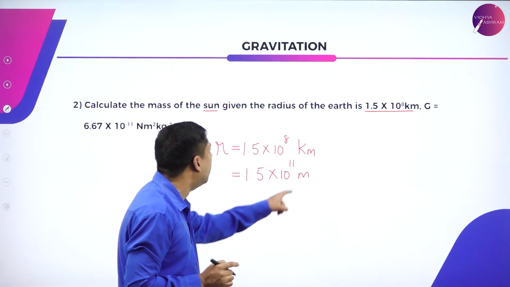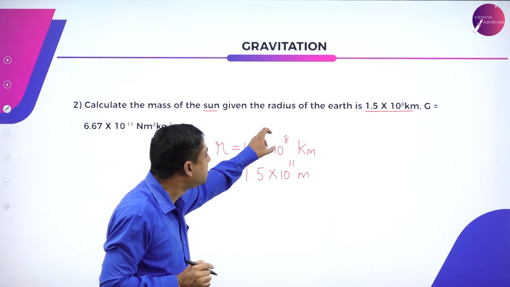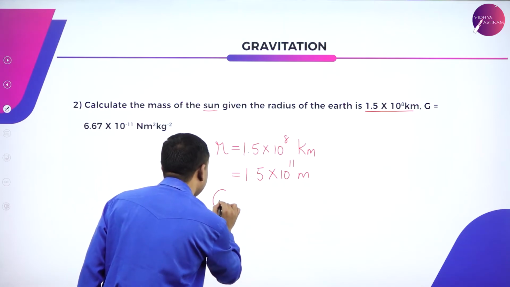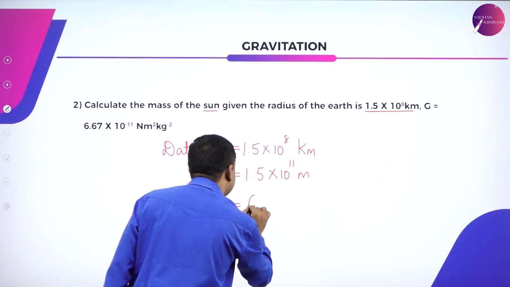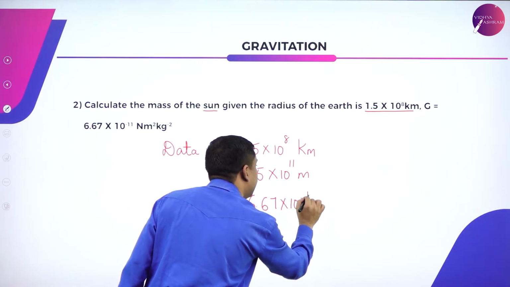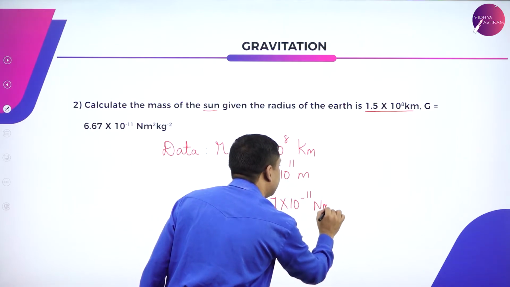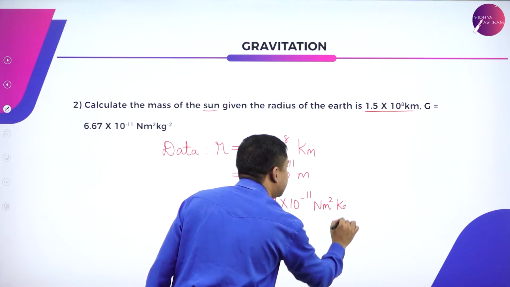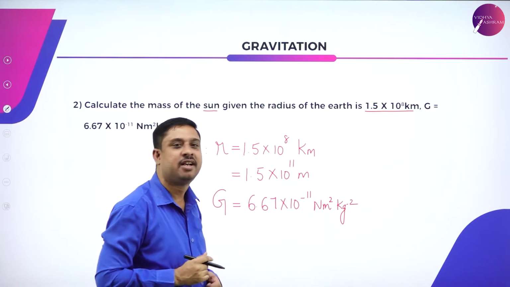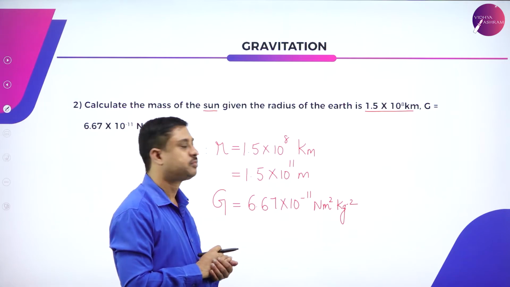Again, I told you, kilo. So many kilometers, so 10 power 11 meters. Gravitational constant 6.67 into 10 power minus 11 Newton meter square kg minus 2. This is an established constant. You should have it at the tip of your tongue.